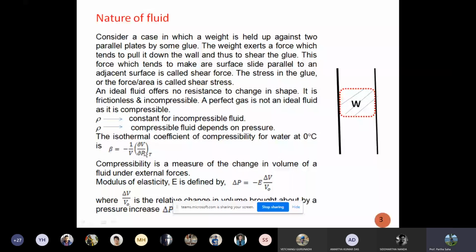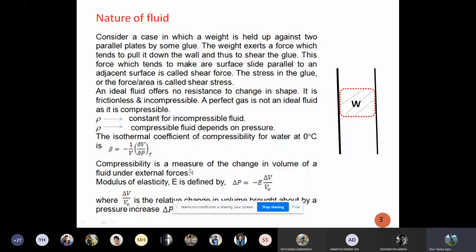Similarly, vice versa, if volume increases, the pressure decreases, and it is happening at a constant T. So that parameter beta you can determine for real fluids. It's known as minus 1 by V del V by del P. The negative sign is there because when one parameter increases, the other decreases. The parameters which are changing, the differential parameters, are volume and pressure, whereas temperature is constant.